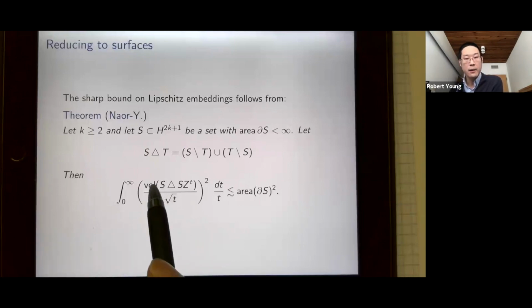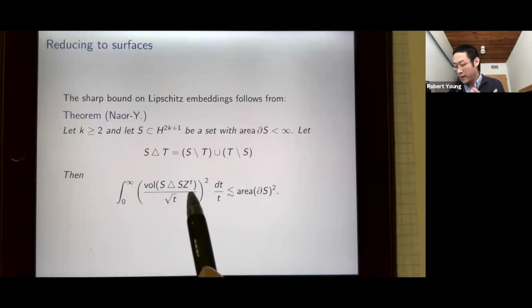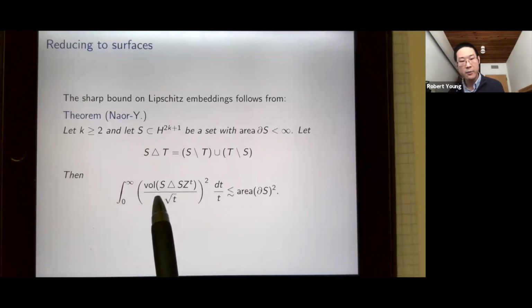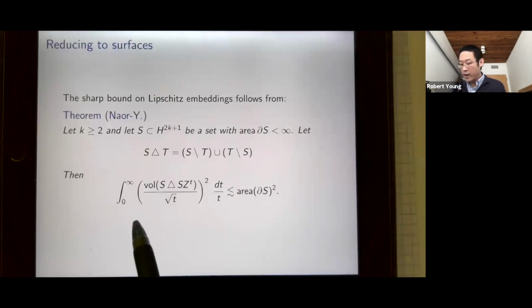Because if S is exactly vertical, if S is a union of vertical lines, then it's invariant under multiplication by z to the t, which means that this numerator is 0, which means that this whole inequality would be 0. And if you want to increase the left side of this inequality, what do you do? Well, you take that vertical set and you add bumps to it, maybe a bump going like that.